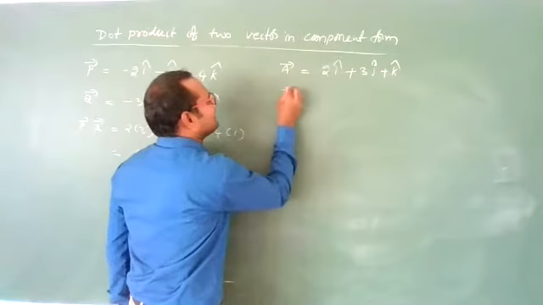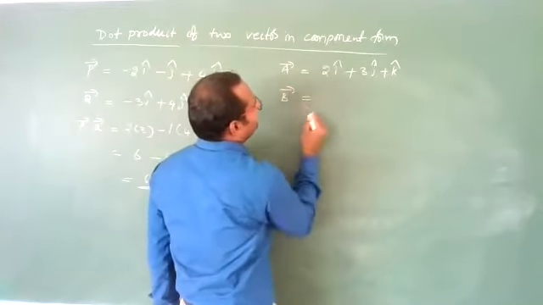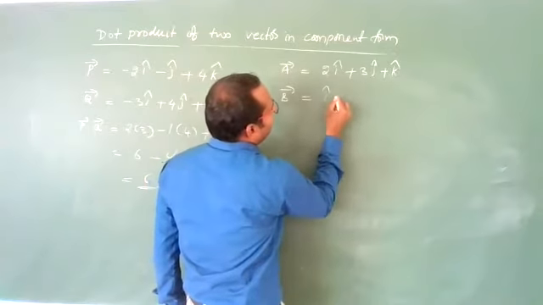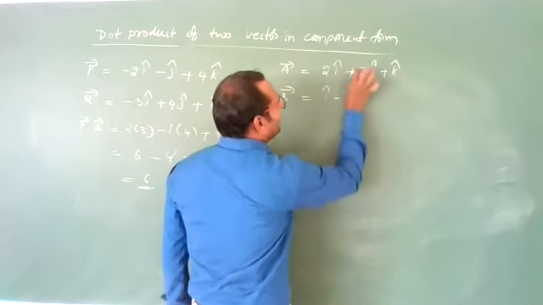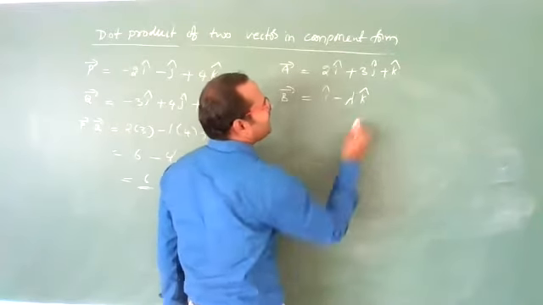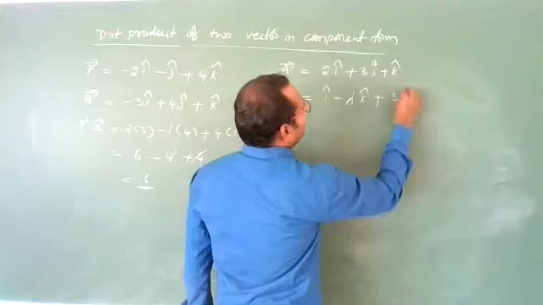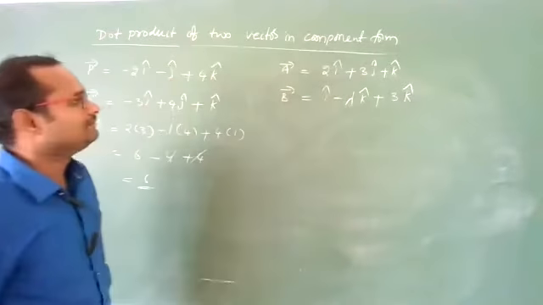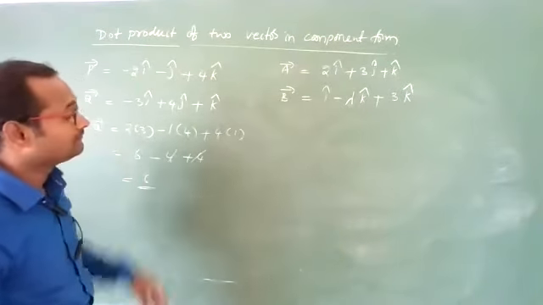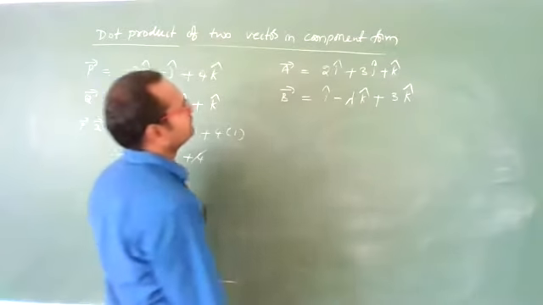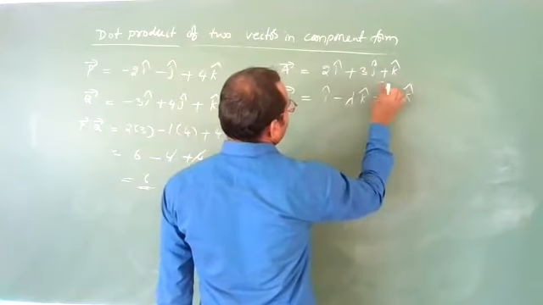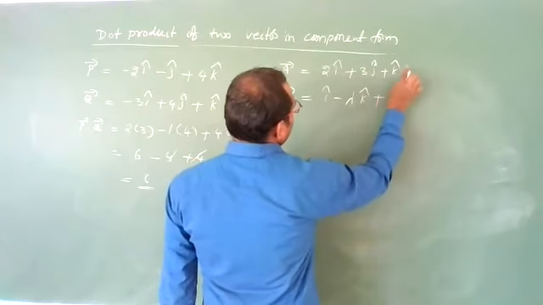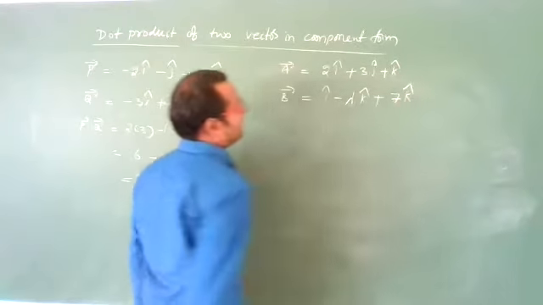And another vector b bar is i cap minus lambda into j cap plus 7k cap. Let us suppose.